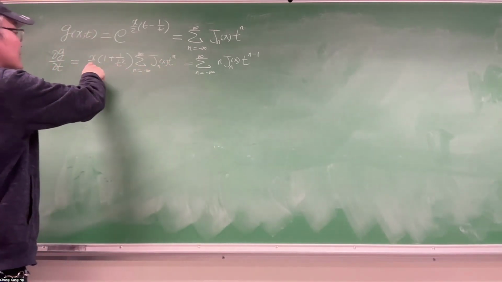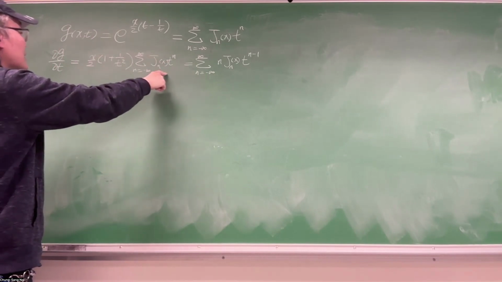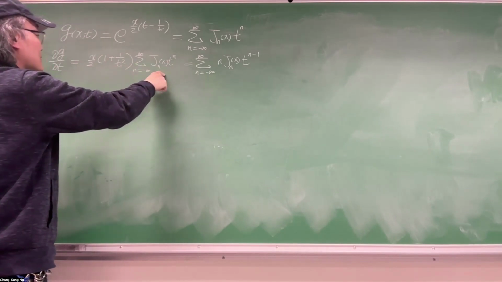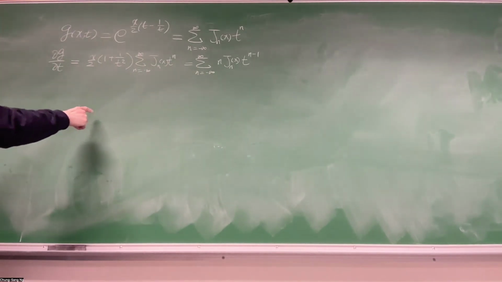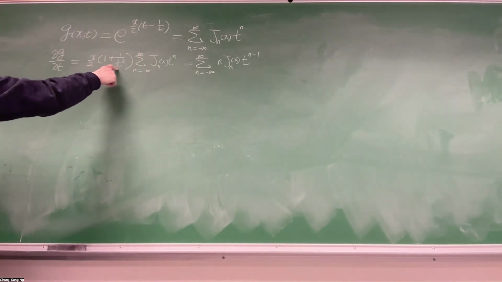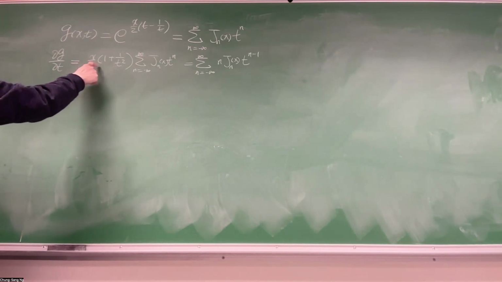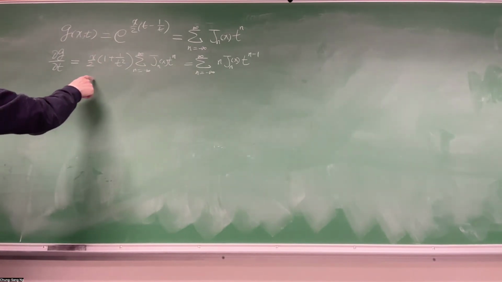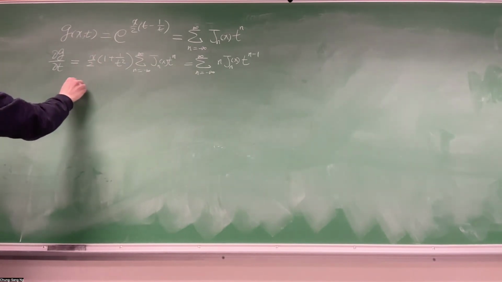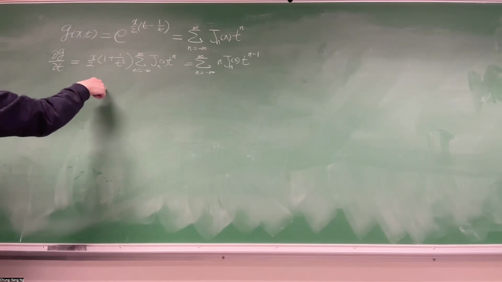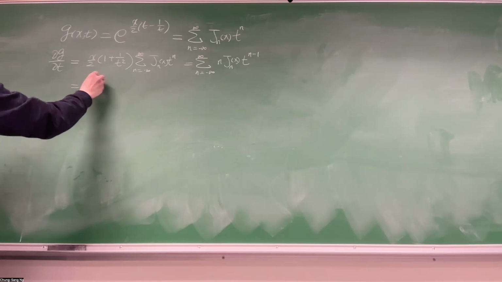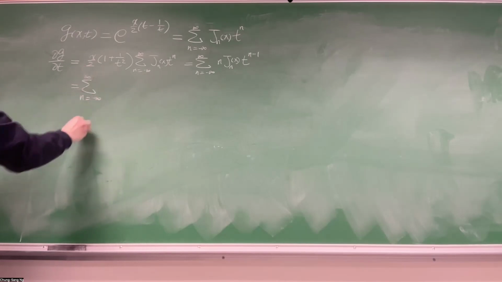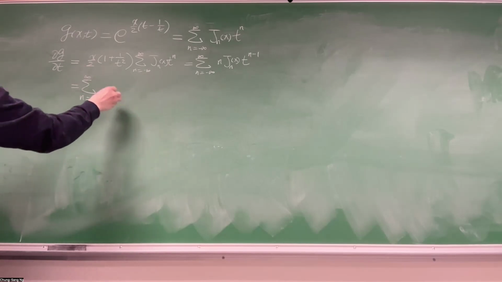There's a t here, there's no t in here, and you want to change this to the same power. So let's just write it explicitly. For the first term it is fine, you can write it like the same summation.